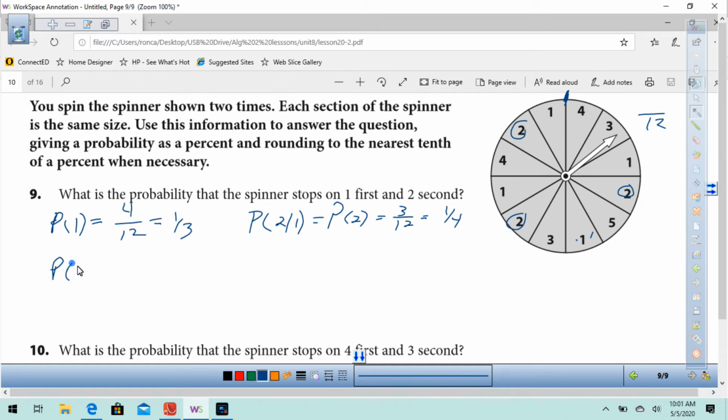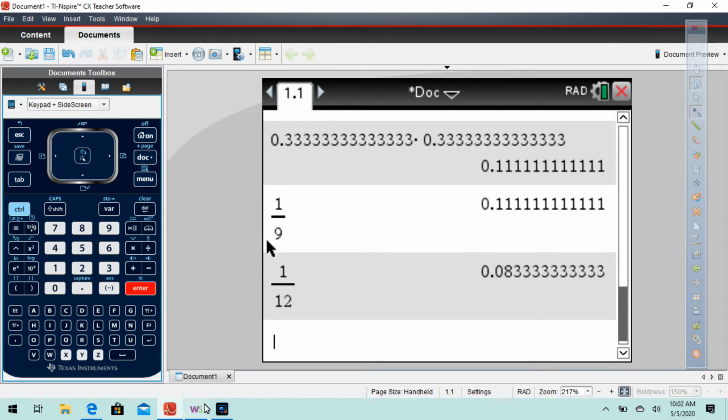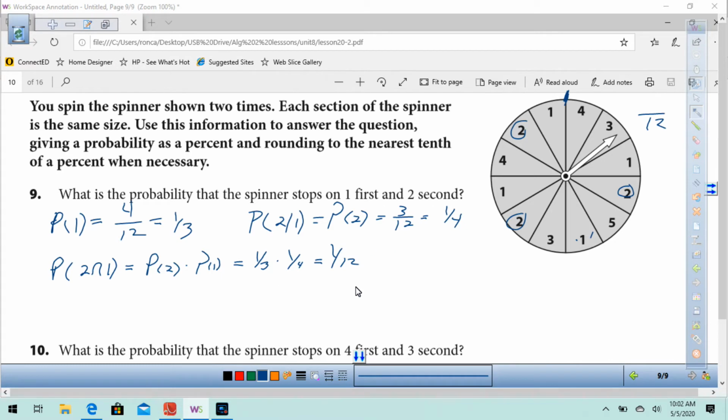That's going to be the probability of 2 intersection 1, which is the same as the probability of 2 times the probability of 1, and that's going to be 1/3 times 1/4, which is 1/12. 1 divided by 12, that's 0.083 repeating.